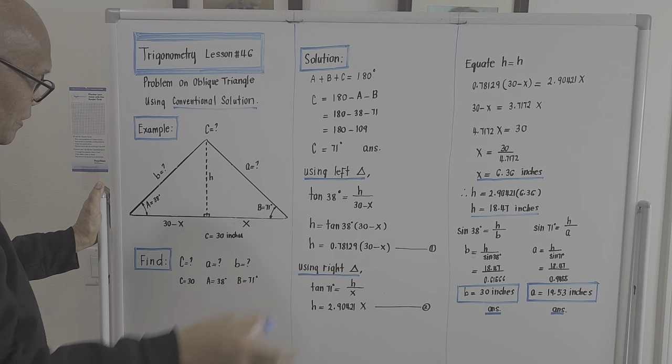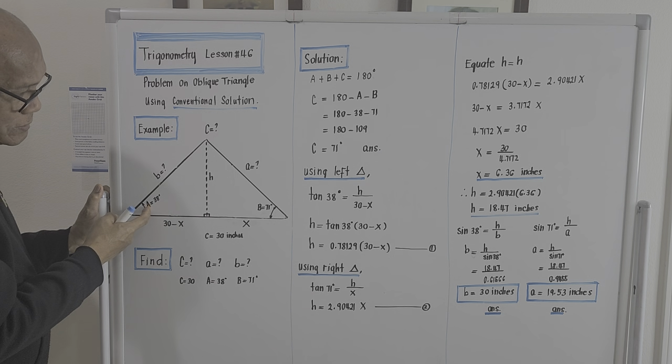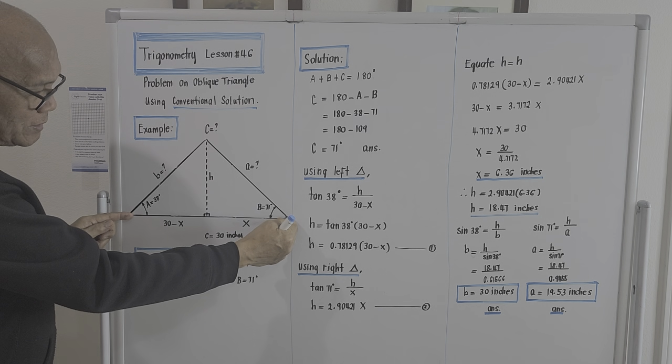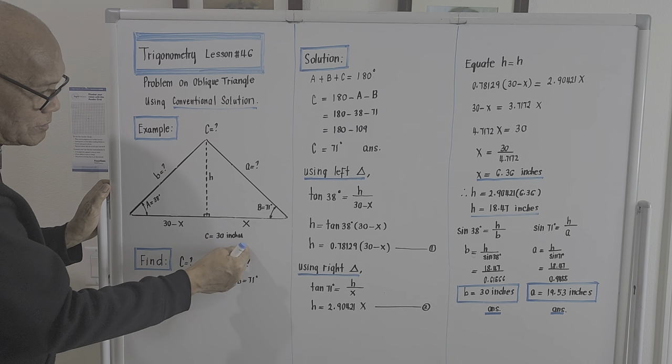So what is given here is angle A, angle B, and side C. Side C is 30 inches.